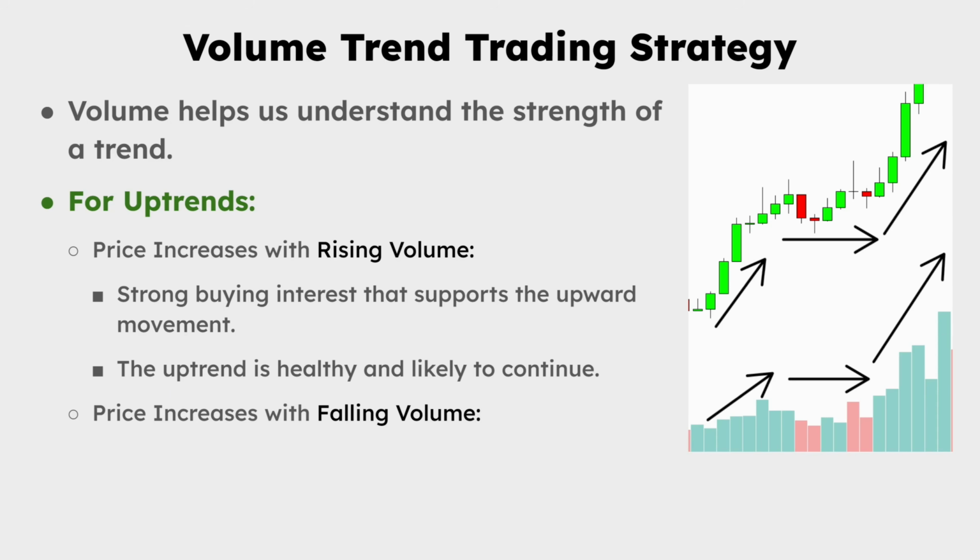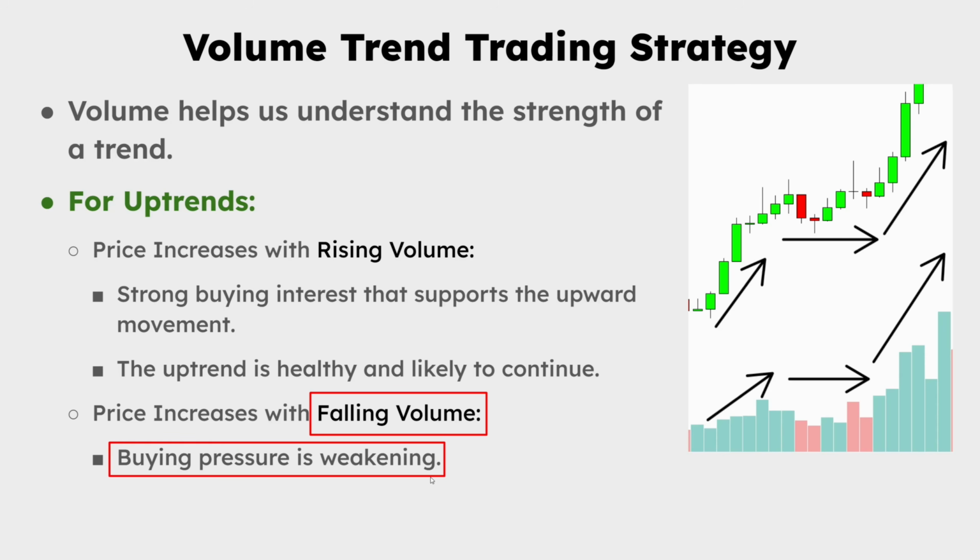But what about the opposite here? What about if we have a price increase with falling volume? Well, if the volume is falling but the price is going up, that is actually a slight warning sign, because that is an indication that the buying pressure is weakening.